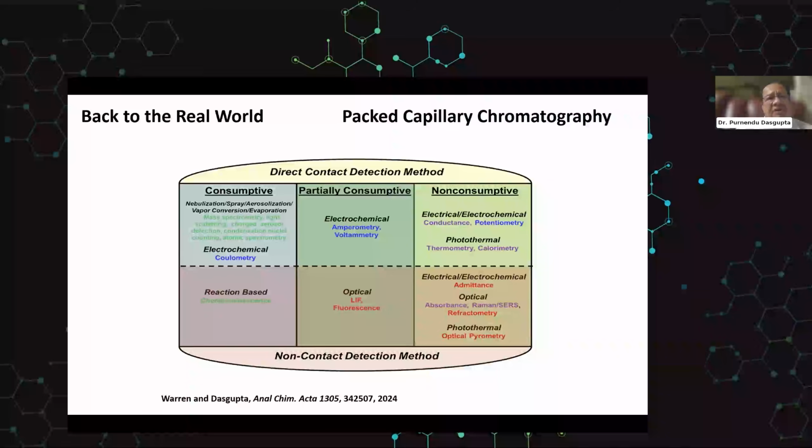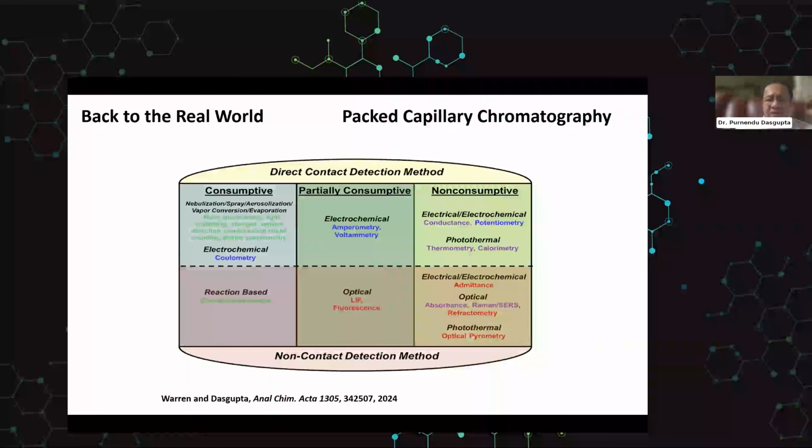People put conductivity and potentiometry under the same category as electrochemical detectors, but electrochemical detectors should strictly be where electrochemistry is happening. If chemistry is happening, then they're destructive. Conductivity or potentiometry does not destroy your sample. Strictly speaking, they're not electrochemical. They are electrical, but not electrochemical.